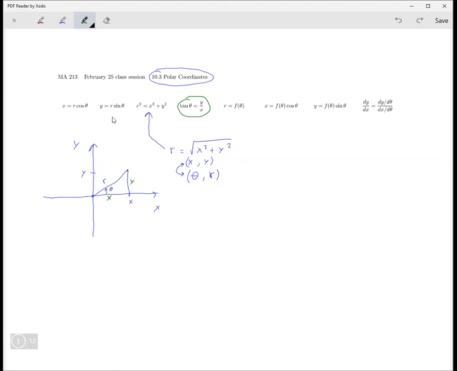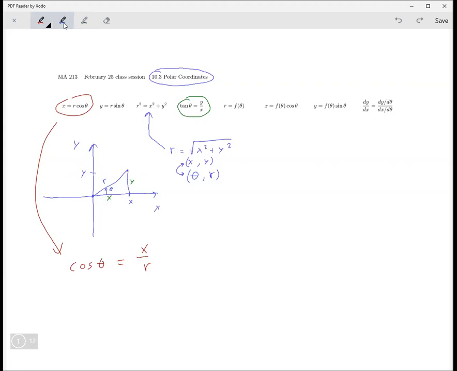And then you have these two things right here, this theta and this r. If you took the cosine of theta, this angle, it would be x over r, right? So that means x is r cosine theta.